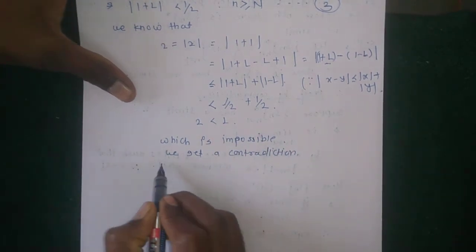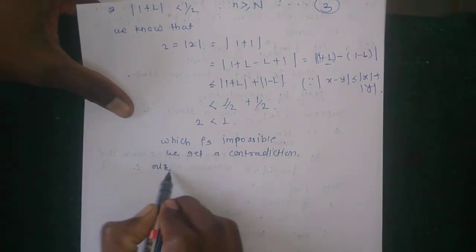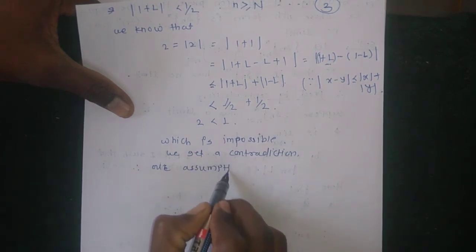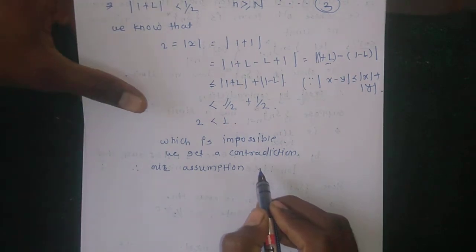Therefore a contradiction exists, and our assumption was wrong. Our assumption that the sequence Sn has a limit is wrong.